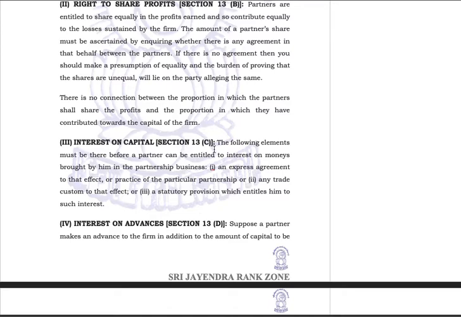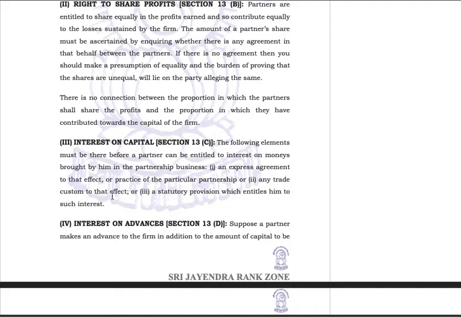Interest on capital. The following elements must be there before a partner can be entitled to interest on monies brought by him in the partnership business. An express agreement to that effect or practice of the particular partnership. Okay, either there should be a written agreement, or usage of trade, like we discussed. Practice of the partnership firm is the usage of the partnership firm.